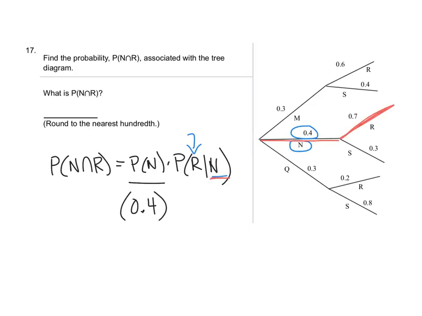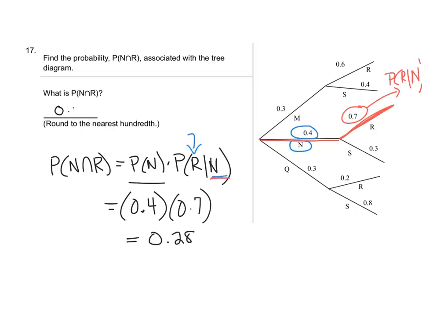And the probability is 0.7. That 0.7 represents the probability of R given N. Now, to find our answer, we're going to multiply 0.4 times 0.7. And that equals 0.28. So the probability of the intersection of N and R is 0.28.